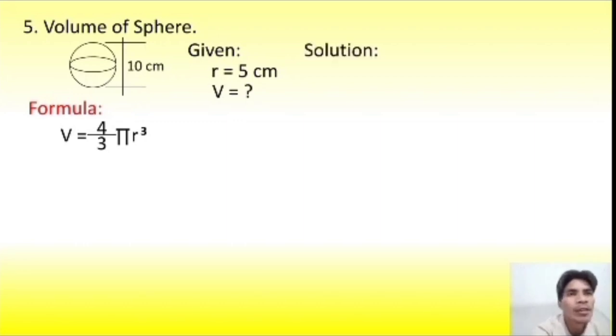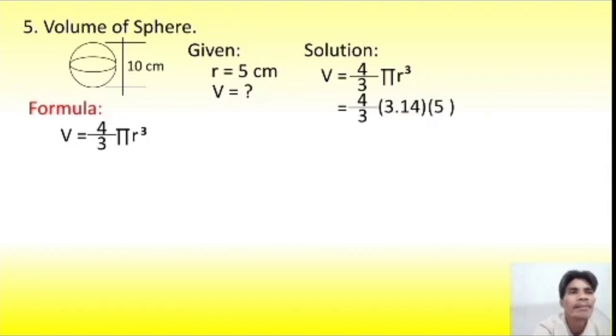So solution, copy the formula. V equals 4 over 3 times pi r cube. So equals copy 4 over 3 times the value of pi, 3.14, then times radius 5 cube.